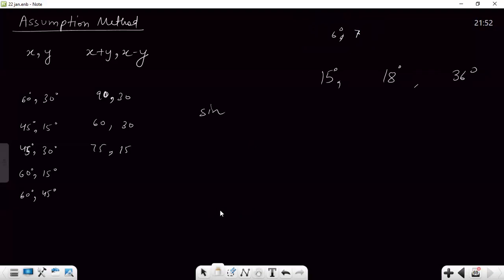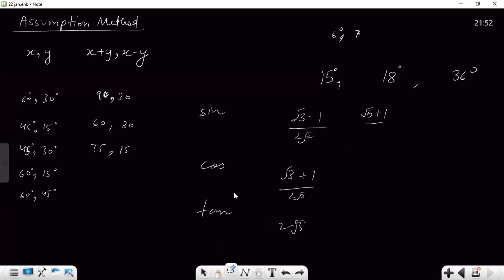Sine, cos, tan. Root of 5 plus 1 divided by 4, if I am able to recollect correctly. Not plus, always minus with sine.